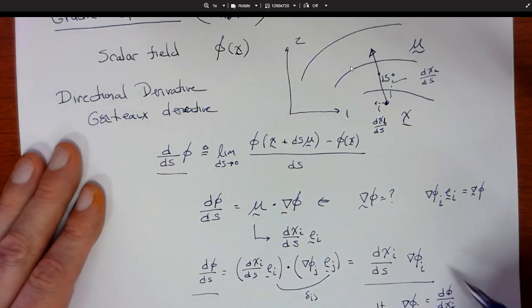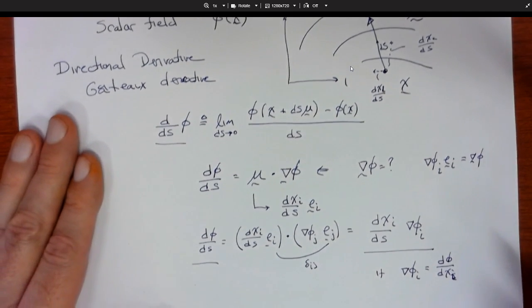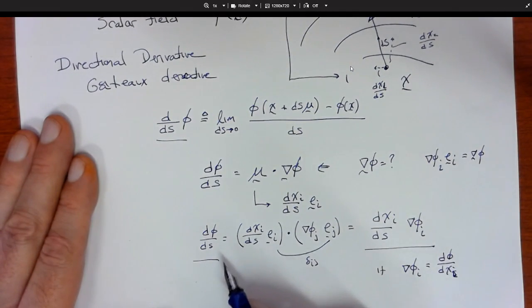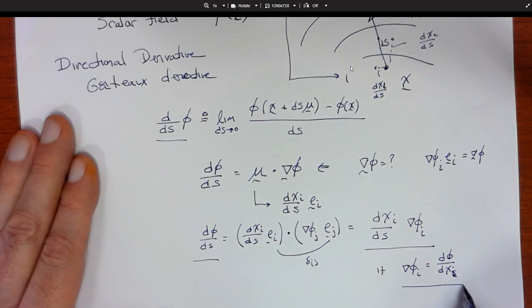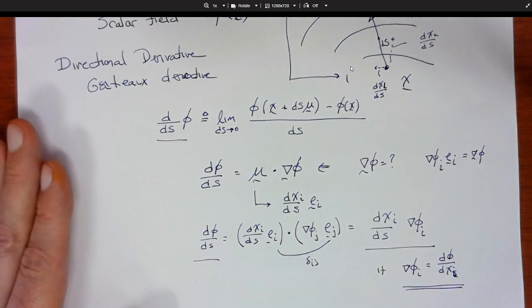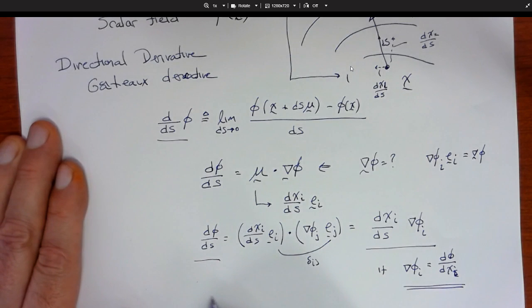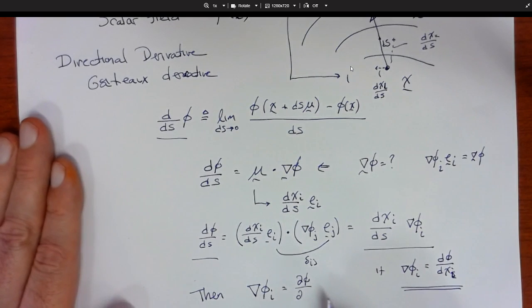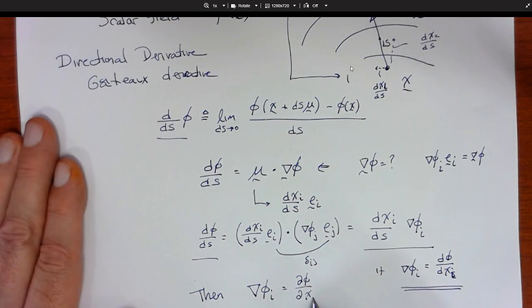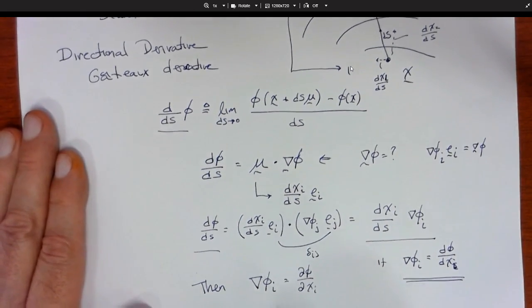Substituting that back into here, you can see the dx_i's cancel out, and then we're left with satisfying this equality. So this tells you that the form of grad phi has to be as such. So the i component of grad phi has to equal this, being a little careless about my partial and absolute derivatives, but there you go.